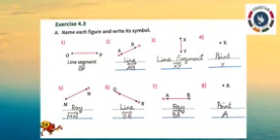Number 4, X. X is a point. How do we write a point in symbol? Good. We use a capital letter. Here the capital letter is X. Number 5, MN.